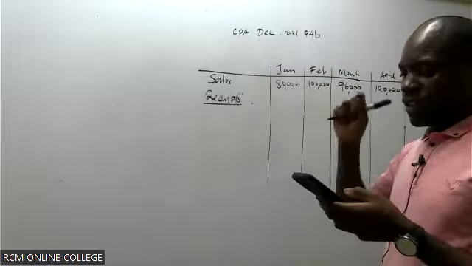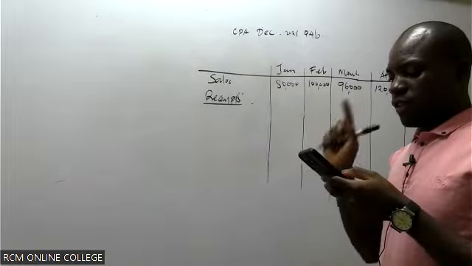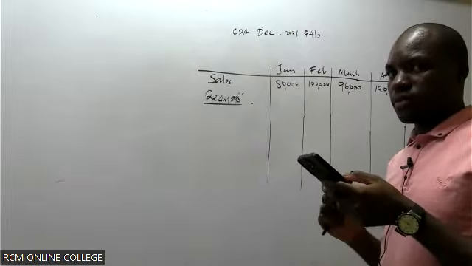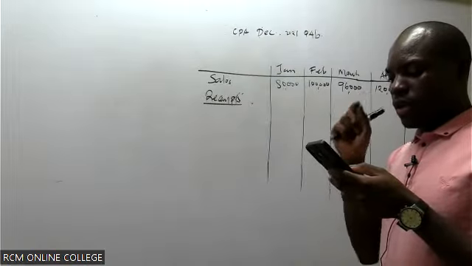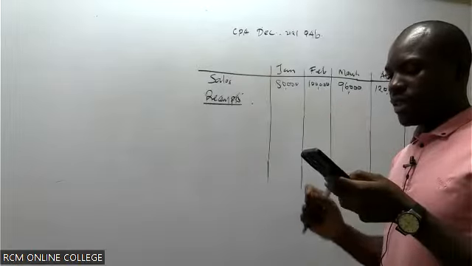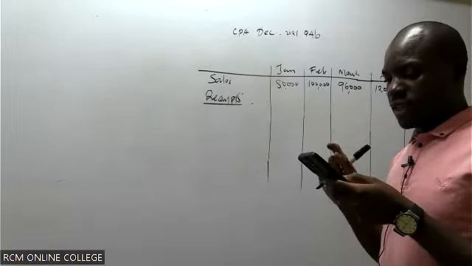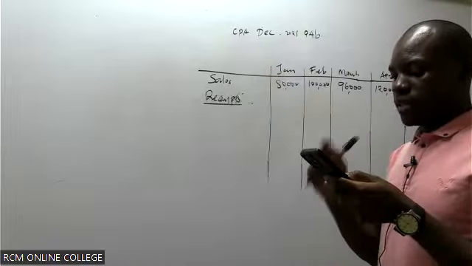So, in reference to additional information number 8, we are being told 20% of debtors pay cash, receiving a cash discount of 4%. And 70% of debtors pay within the month and receive 2.5% discount.